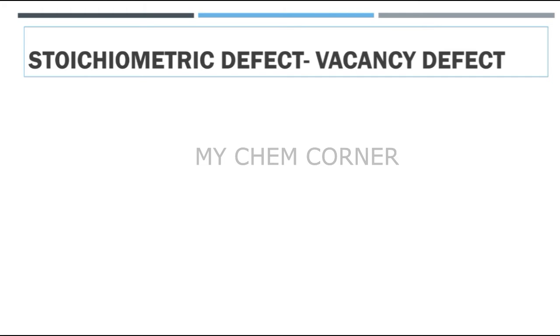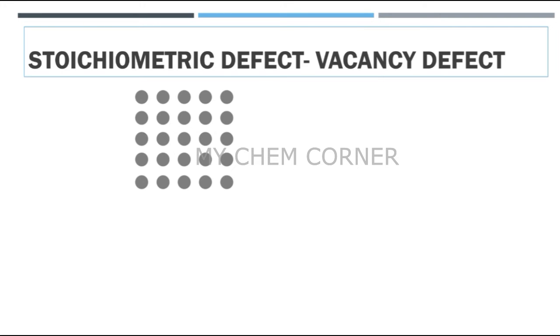Now under stoichiometric defect, we learned 4 types. We learned about vacancy defect, we learned about interstitial defect, we learned about Schottky defect, and we learned about Frenkel defect. Now under vacancy defect, just as the name says, you have a perfect crystal here. Alright, there are all atoms, or there are all these lattice points here.